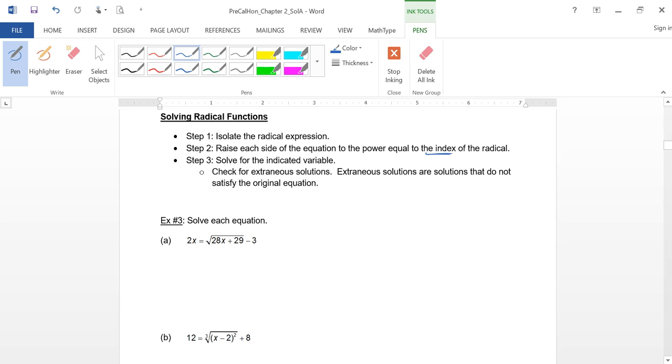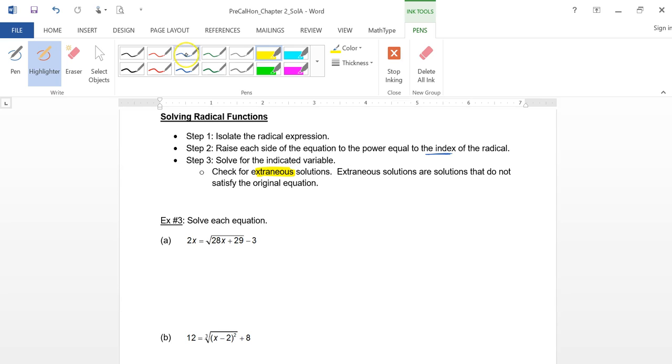And solve for the indicated variable. The most important thing is to check for extraneous solutions. Extraneous solutions are solutions that will show up when you do the mathematics of it, but when you plug it back into the equation, they don't work. So they're extra solutions that show up, which you then have to eliminate.